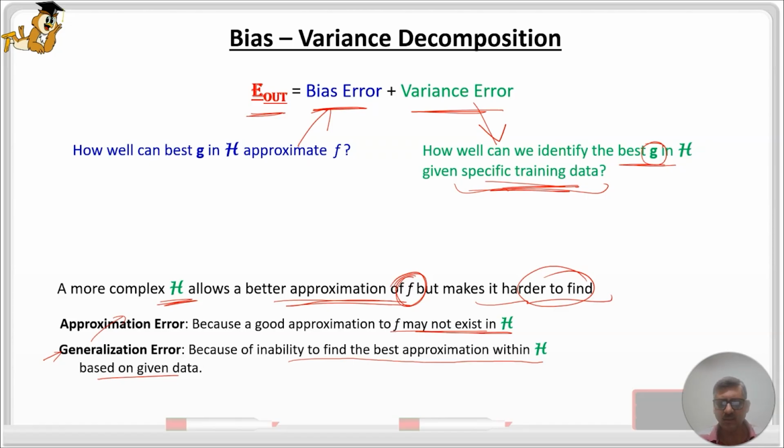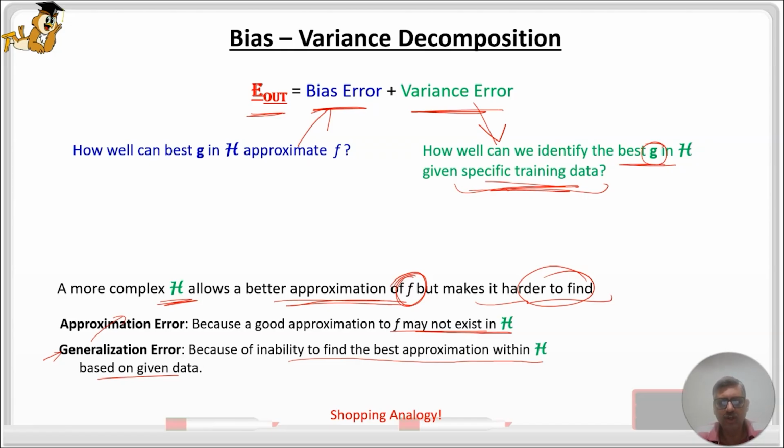And this may sound a little odd, especially the variance error. So let me give you an analogy, a shopping analogy, right? Imagine that you're shopping for a particular dress, a very specific type of dress, and you go to a small shop.